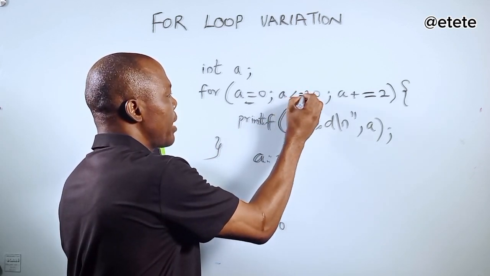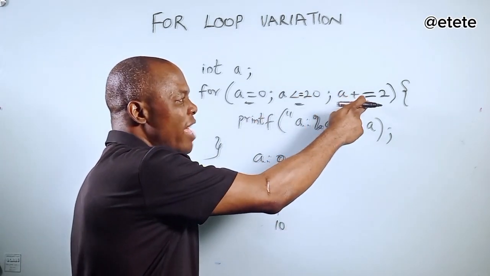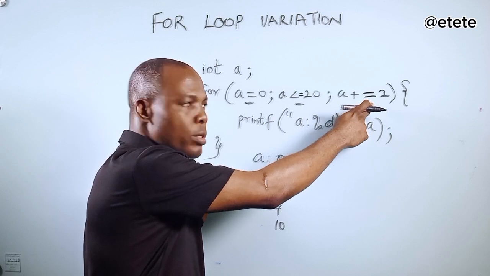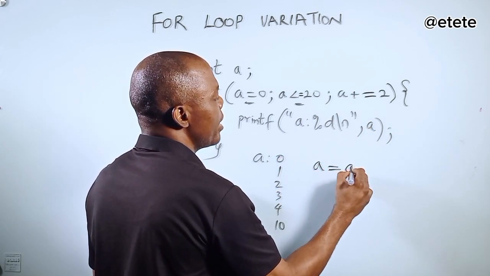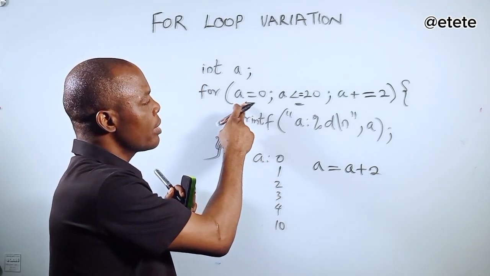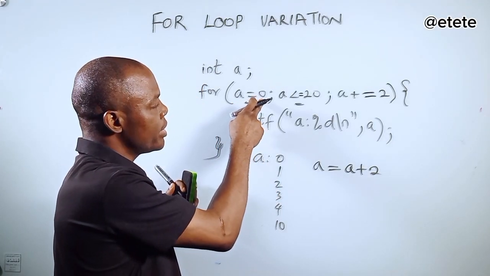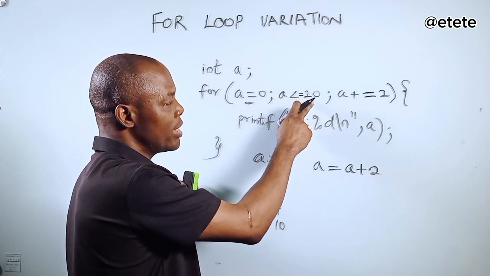I can put this one back again as a less than or equals to 20, but I will have my increment as 2. So what this is simply saying is a assign a plus 2. So a is 0. I'm assigning initialization, the starting point is 0. A is less than or equals to 20. That is true.